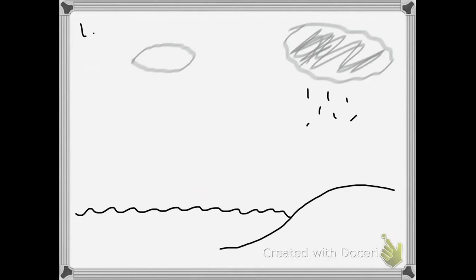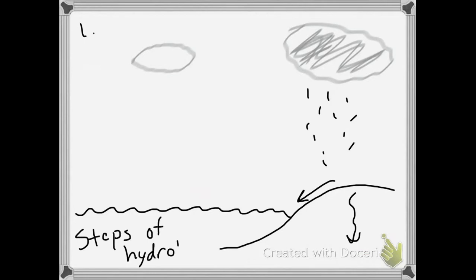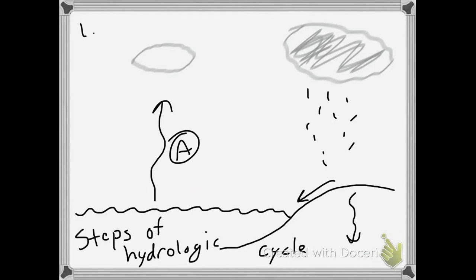In this first slide, we'll talk about the hydrologic cycle with some interesting arrows that I've drawn there. So the steps of the hydrologic cycle. What do you call step A? What's happening in A? That's evaporation. What is happening in B to cause the clouds to form?